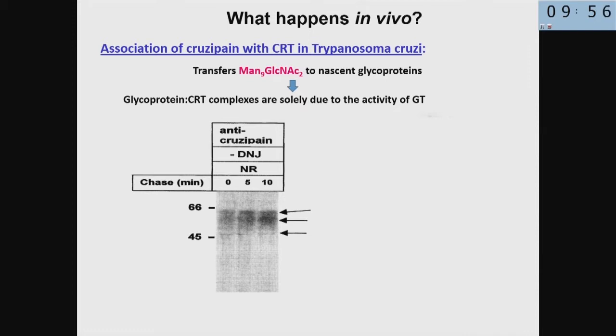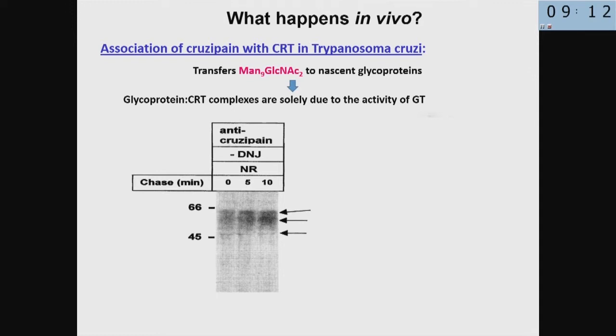So the formation of monoglucosylated oligosaccharides in this case is fully dependent on the activity of the glucosyl transferase. So we pulsed the T. cruzi cells with S35 methionine, and then lysed the cells and precipitated them with anti-cruzipain antibodies. Cruzipain is a lysosomal protease that is almost a recombinant protein because it's 10% of the soluble protein of the parasite, and it has 7 disulfide bridges.